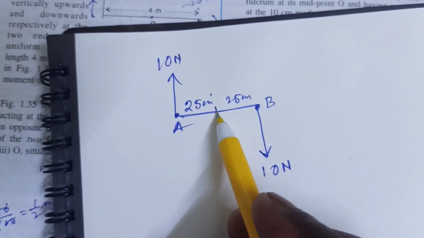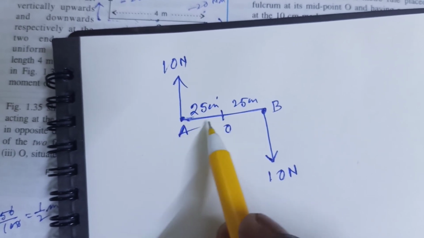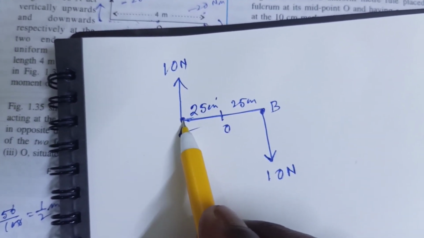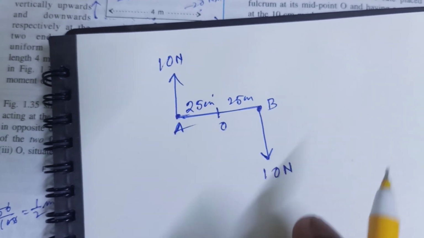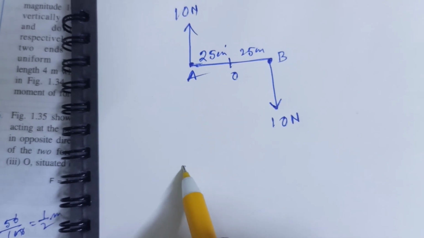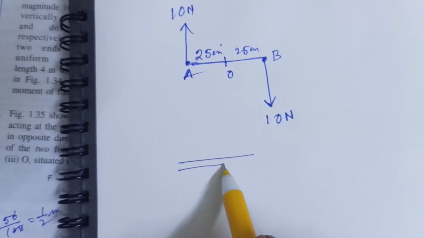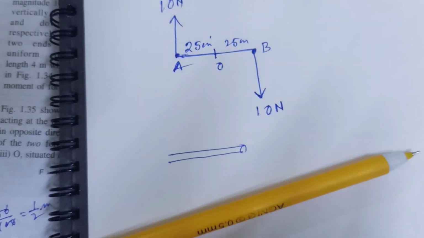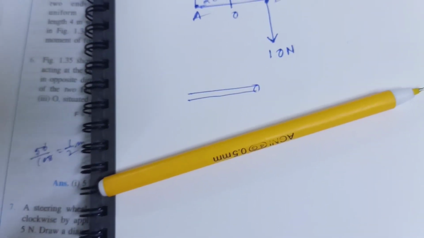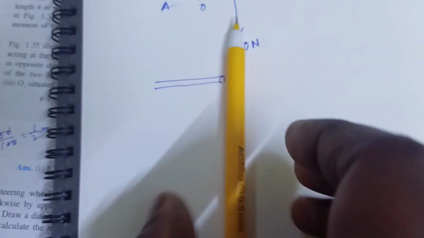So when we calculate the moment about A, think about a particular situation. Suppose this is a pen, and I want to rotate it with a particular force.